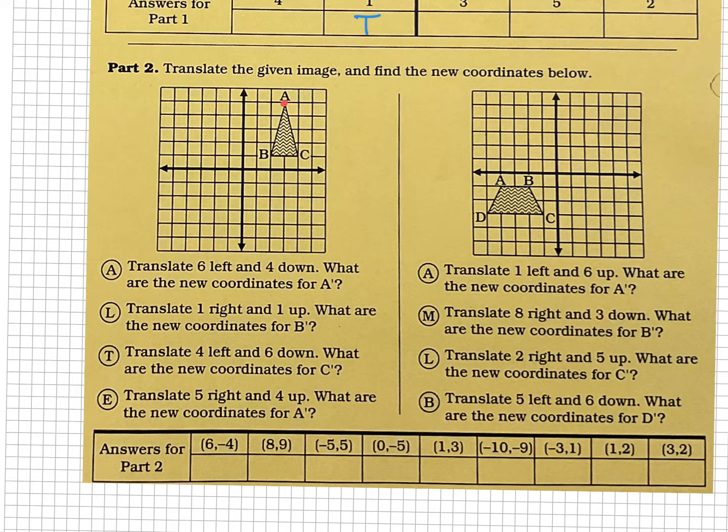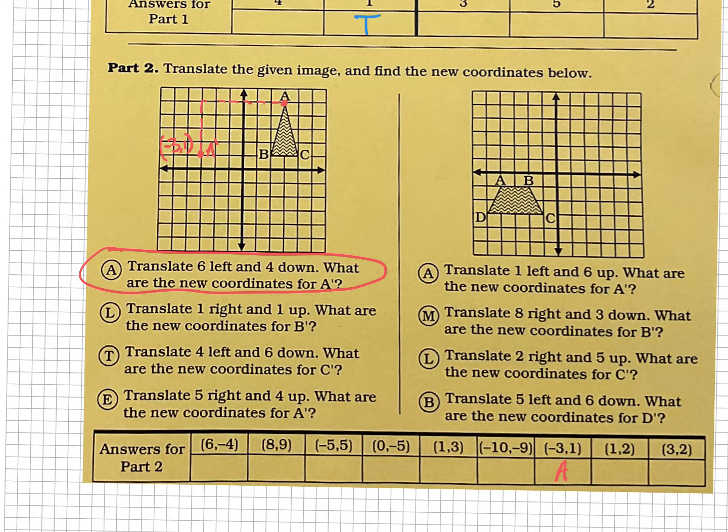A is going to go 6 left, 1, 2, 3, 4, 5, 6, and 4 down, 1, 2, 3, 4. All right, so there's the new spot. There's where that point would be. That point's at -3, 1. Yeah, that's there. There's A for that one.